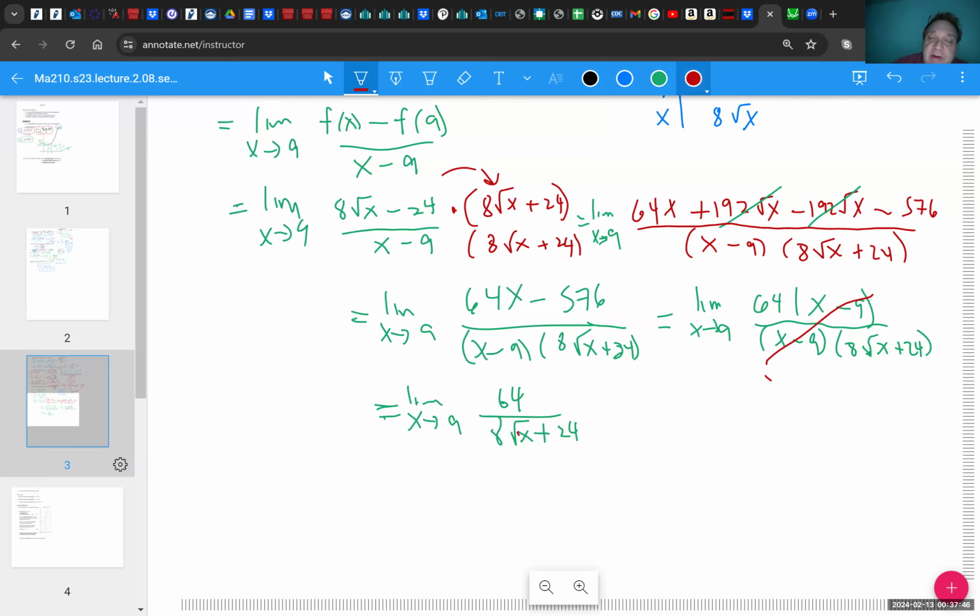So this x becomes infinitesimally close to 9, and now I can write this without using the limit, because we can find the limit by saying this is basically identical to 9. Just like that. And 8 times the square root of 9 is 8 times 3, which is 24. So I get 64 over 48.